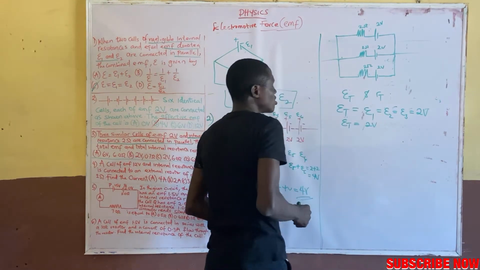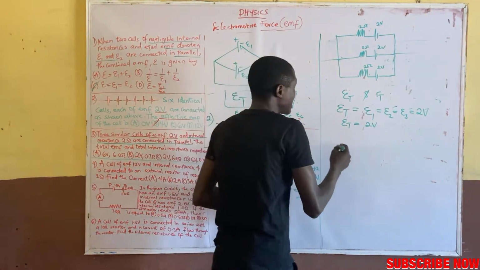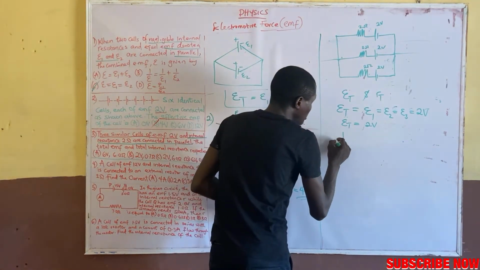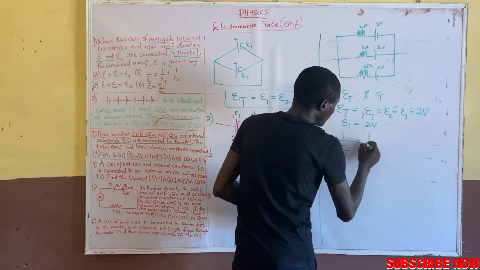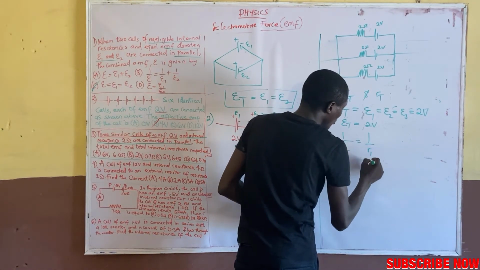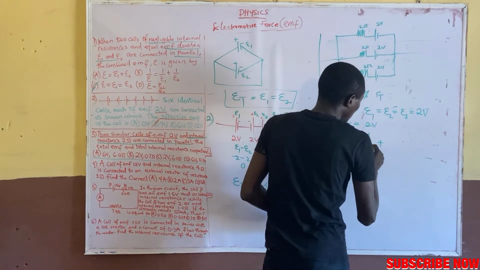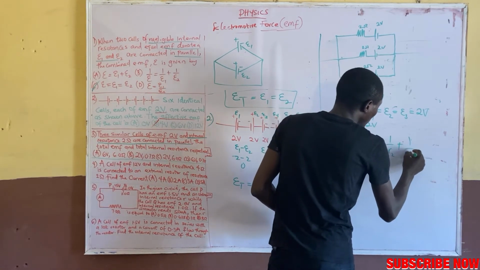Well, now let's check the internal resistance. The total internal resistance arranged in parallel is obtained by saying the reciprocal of the total internal resistance is equal to the sum of the reciprocals of the individual internal resistances: 1 over R1 plus 1 over R2 plus 1 over R3.